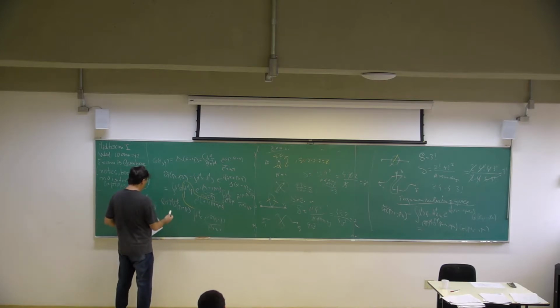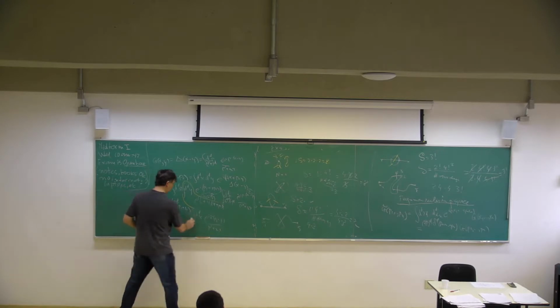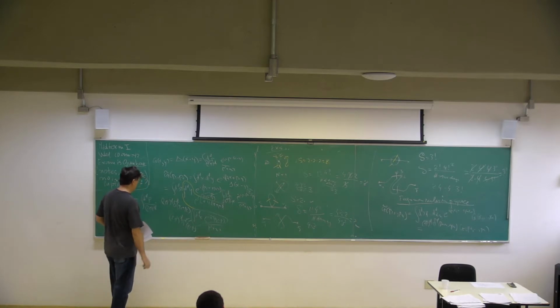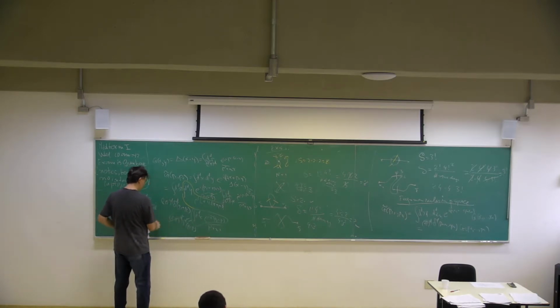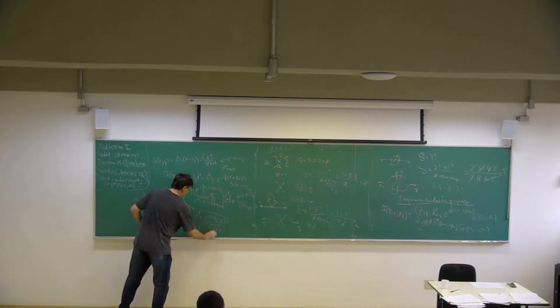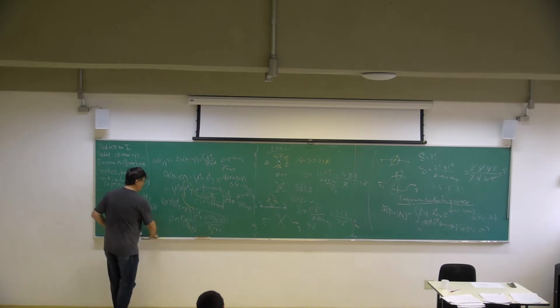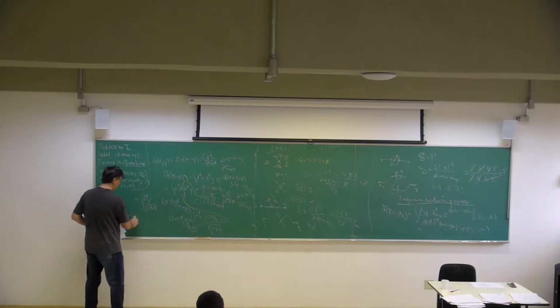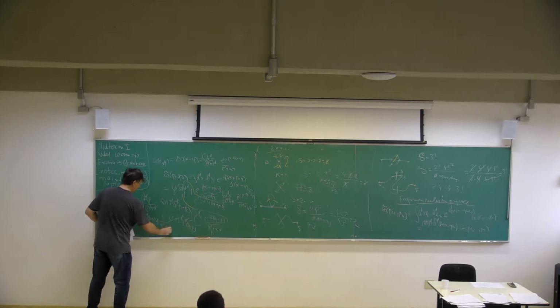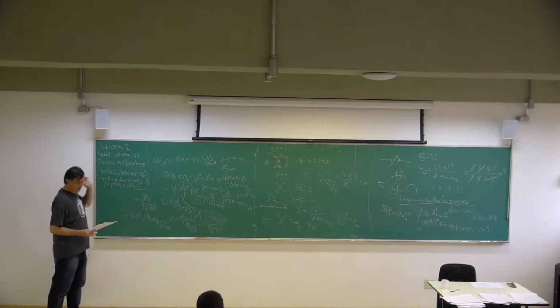The point is, this integral gives (2π)^d delta^d(p1 minus p). So cancel this, and this replaces p with p1. And in the end, I get (2π)^d delta^d(p1 plus p2) times 1 over p1 squared plus m squared, right?